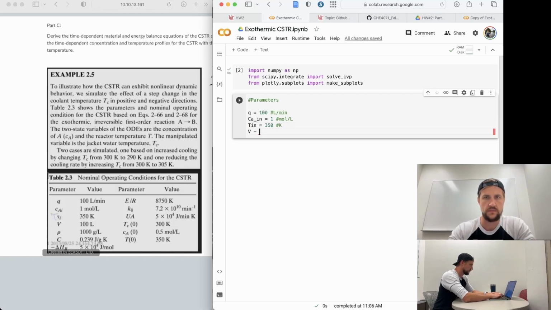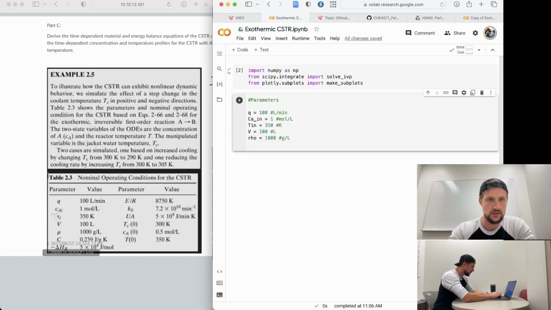Volume 100, and that's in liters. Our density is 1,000. Our heat capacity equals 0.239 joules divided by grams per Kelvin.